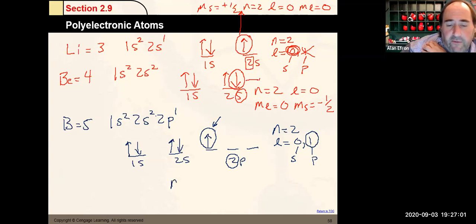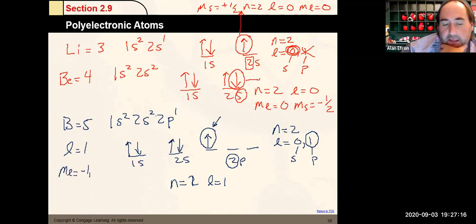So for that electron, we should have an n value of 2, an L value of 1. Now, as we talked about previously, if you have an L value of 1, you could have an m sub L value of -1, 0, or +1.